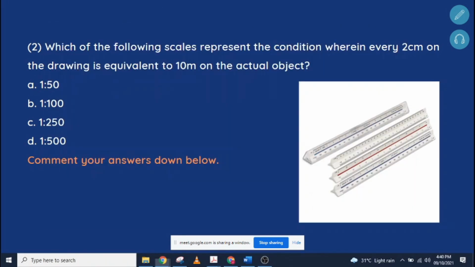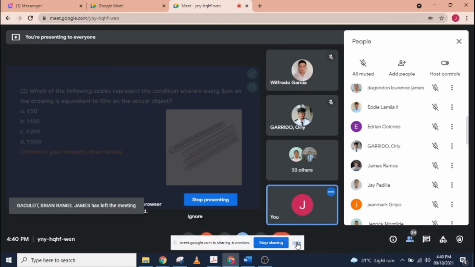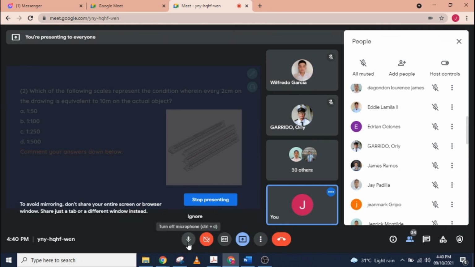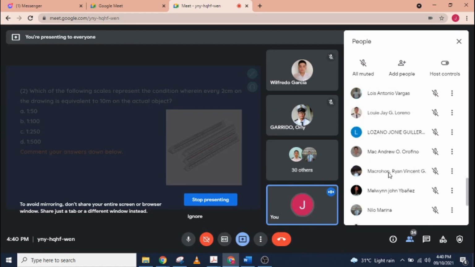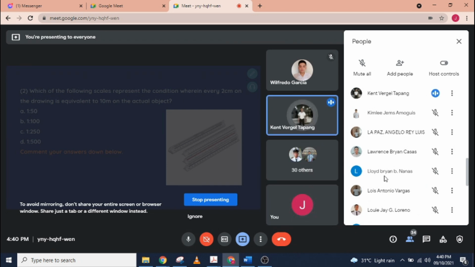How about this one? Tapang, kindly read the question. Go ahead. Which of the following scales represent the condition where every 2 centimeters on the drawing is equivalent to 10 meters on the actual object?